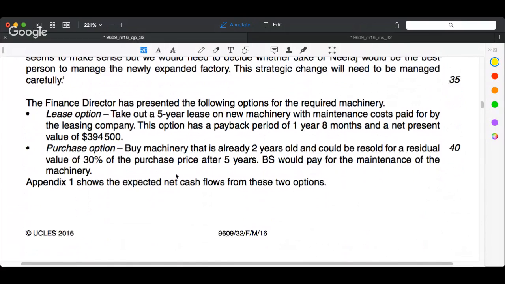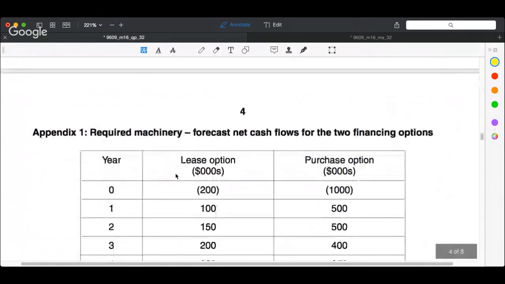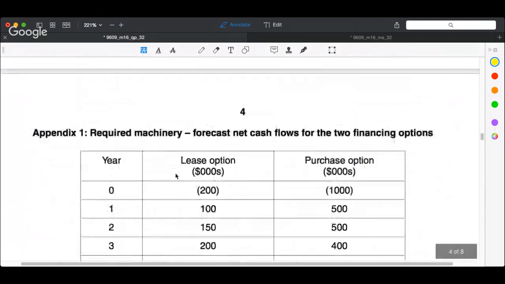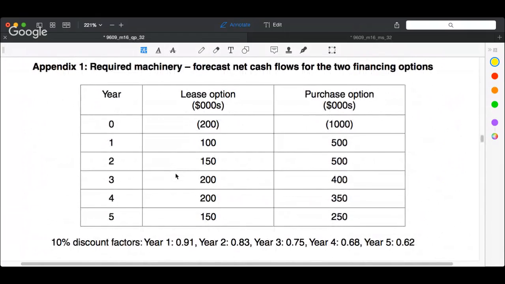Okay, but let's just have a look at the question here. So we've got forecast net cash flows, right? What they're saying quite clearly is that basically the net cash flows, if you spend the money up front, of course, cost, I'm guessing, 1,000 for the purchase and 200 for the lease.